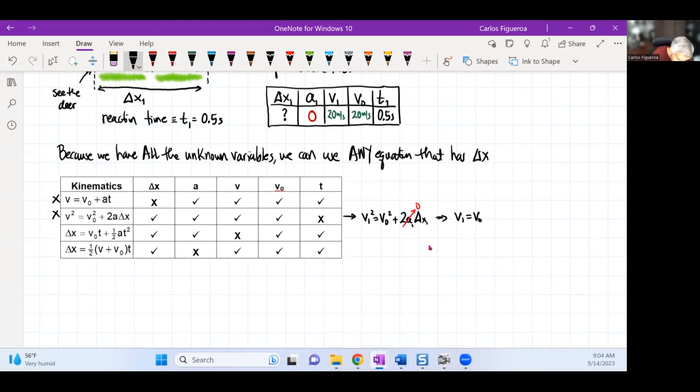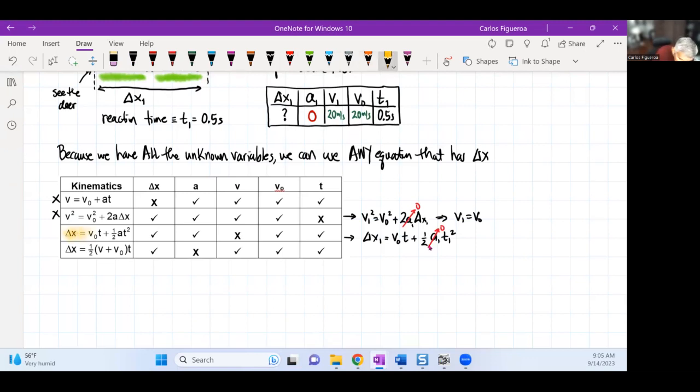So now let's look at the next equation. It reads delta x1 is equal to v initial t plus 1/2 a1 t1 squared. When I look at this, I go, hey, I can use this equation. Again, my acceleration is 0. This immediately tells me that this is the equation I should be using.